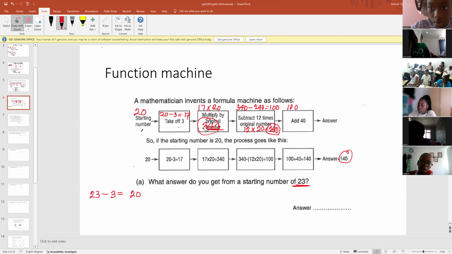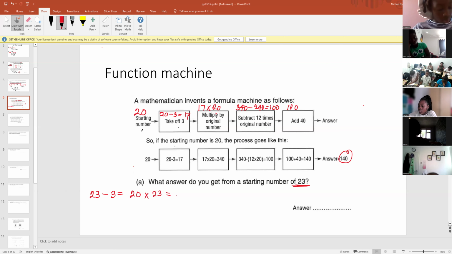So let's multiply 20 by the original number. Original number is 23. 20 times 23 is 460. All right? Then it says we should subtract 12 times the original number.